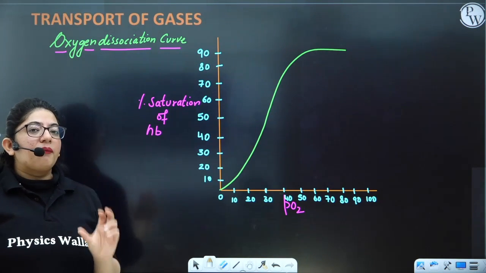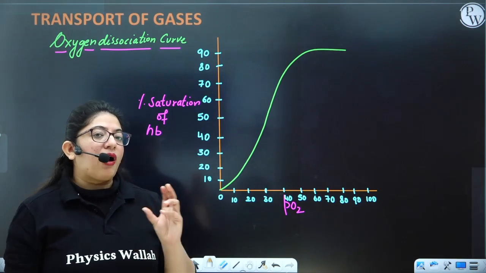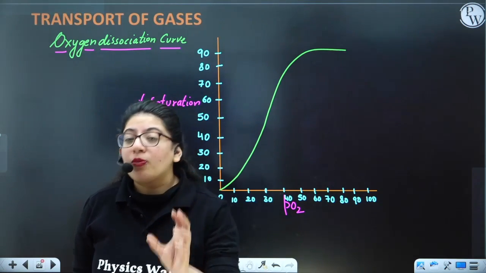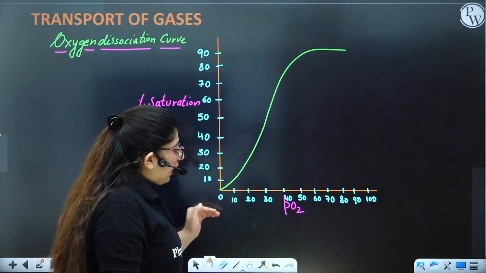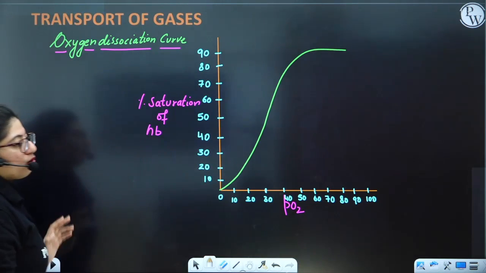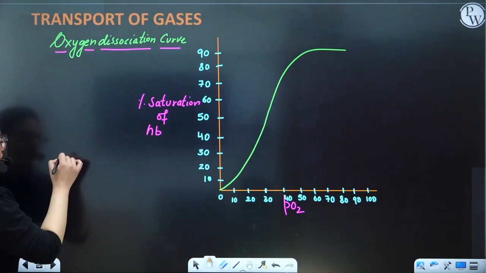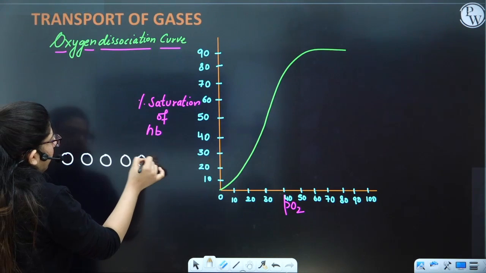Saturation means complete filling. That means how much oxygen has been bound to your hemoglobin, how much oxygen your hemoglobin is carrying. Fine. So if I have on this side partial pressure of oxygen and I have some hemoglobin, like 1, 2, 3, 4, 5 and 6.